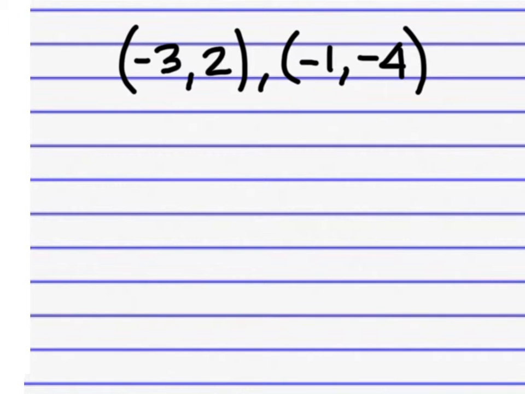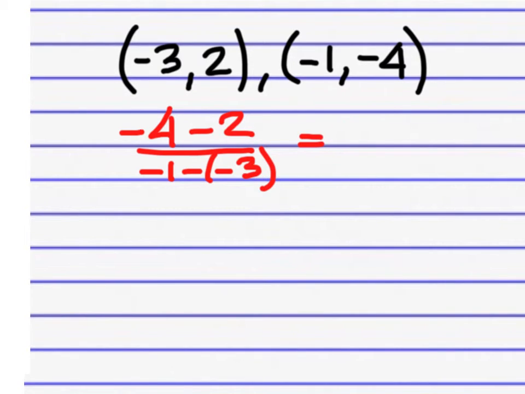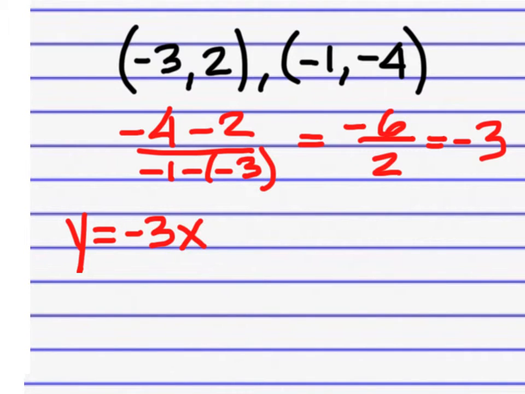Your first move is going to be to find the slope given these 2 points. So that's negative 4 minus 2 over negative 1 minus a negative 3. Negative 6 over 2, which is a negative 3. So you have a slope of negative 3 that can go in for the m in y equals mx plus b.